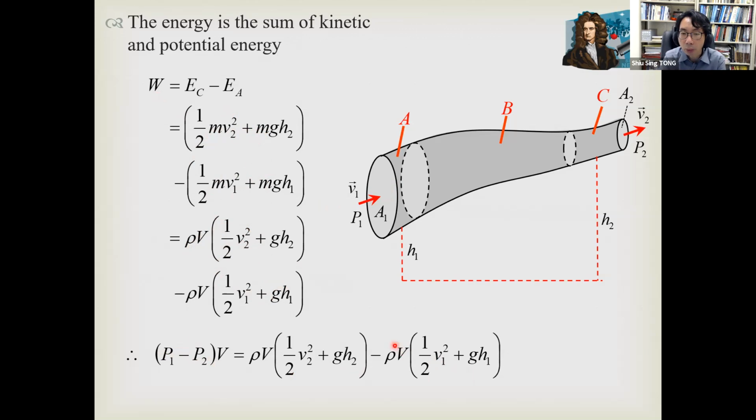You can see the rho and the V will cancel on both sides, and the equation is interesting. It consists of P, half rho v squared and rho g h at two different positions, right? So I can move all the terms at position A to one side and all the terms at position C to the other side.